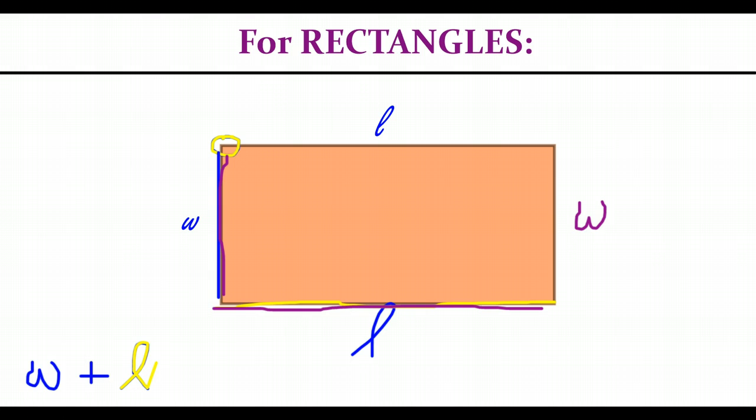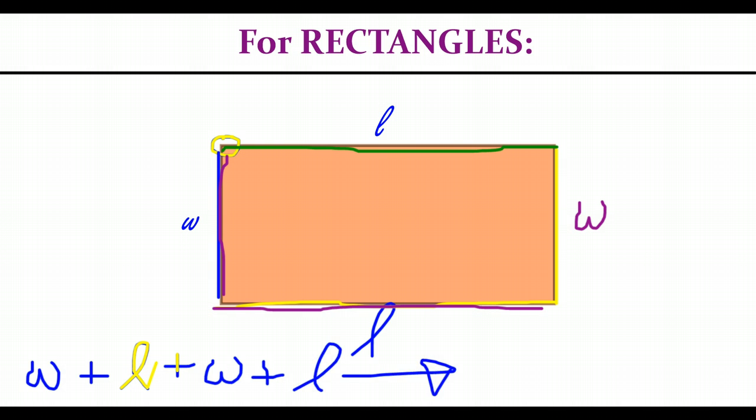Now if we walk around the rectangle on one more side, we've gone once again a distance of the width. And finally, looking again at the final side that we have to walk through, that distance is the length. So our perimeter, the distance around this rectangle, is the width plus the length plus the width plus the length.